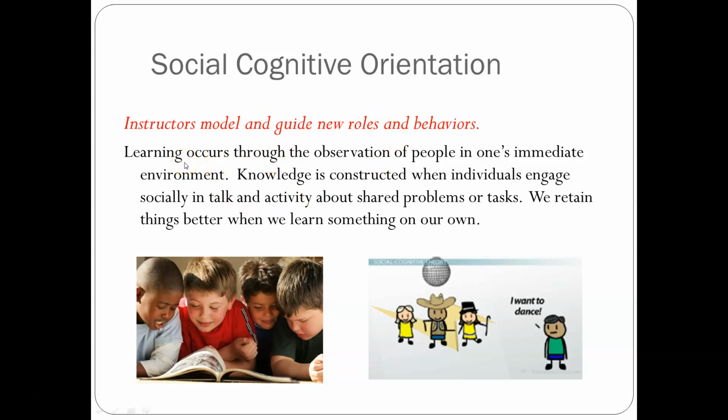So social learning, social cognitive learning, and Bandura is a social cognitive theorist, suggests that learning occurs through observing people in one's own immediate environment, and then taking that knowledge and constructing that into what you have available to you, what your personal factors are and what your environmental factors are, and building on that.